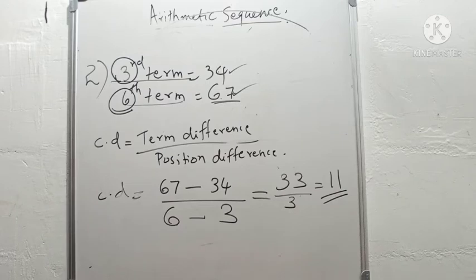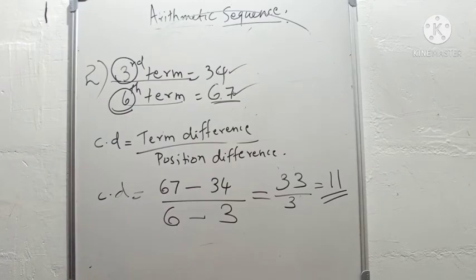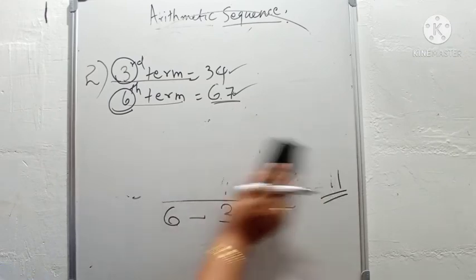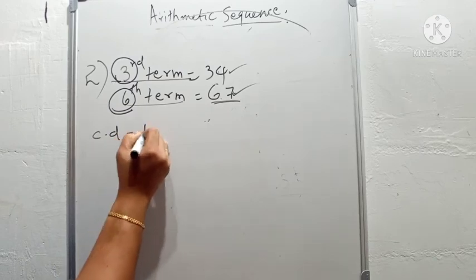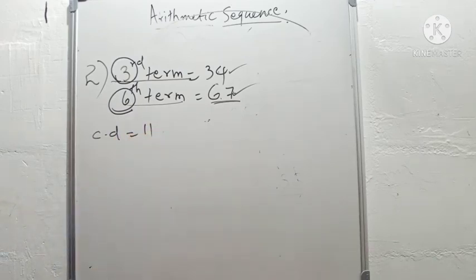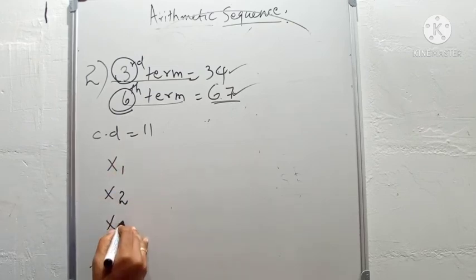Now we need to write the first 5 terms of this sequence. We have the third term, so we need the first term and the second term, then the fourth term and the fifth term. We need x1, x2, x3 is given, x4 and x5.